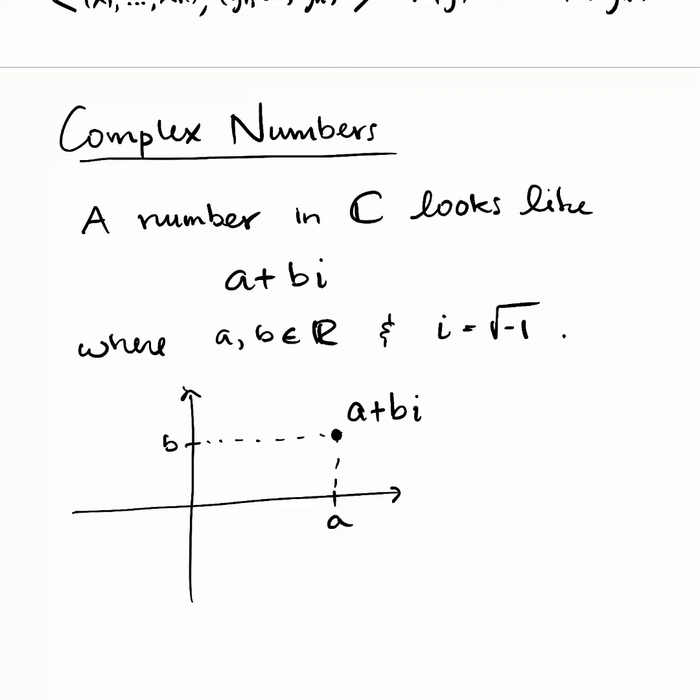And if you're going to go with that notion of absolute value, then the picture makes it clear. The absolute value of the complex number a plus bi must be the square root of a squared plus b squared, because that's the distance from a plus bi to the origin in that picture.